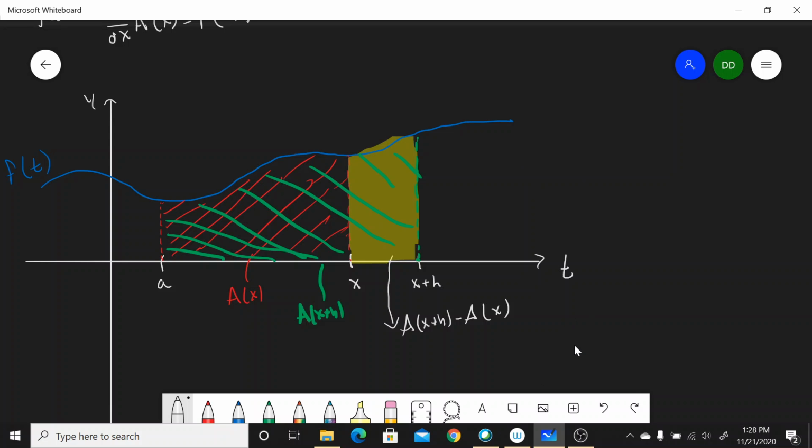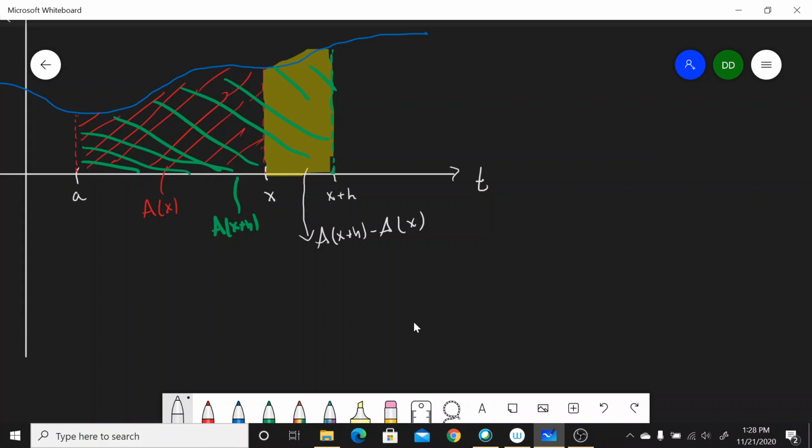So A of x plus h minus A of x is approximately the area of a rectangle with height f of x and width h, right? The difference in these two is h. So this is approximately f of x times h. And as h goes to 0, this approximation is going to get better and better, and hence I can use it in the limit up there.